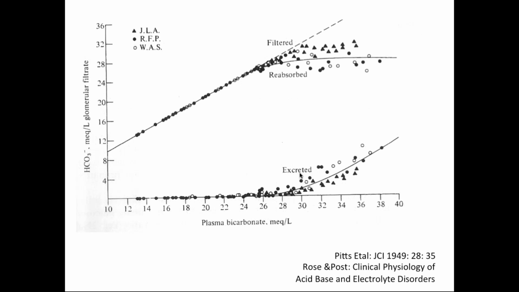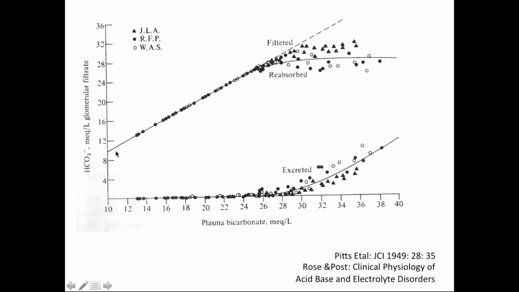The bicarb can also be excreted. This is again humans, volunteers who have done the study, and the top line is the amount of filtered bicarbonate. On the x-axis is the plasma bicarbonate concentration.